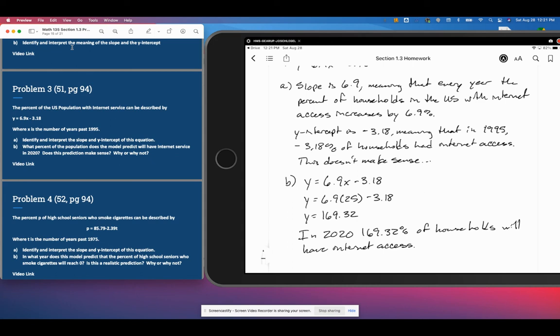And so again, this is an invalid result. I'm having trouble writing today, everyone. This is an invalid result. We need a new model.